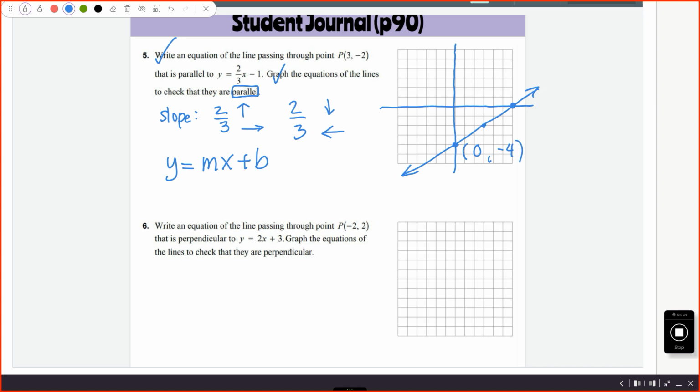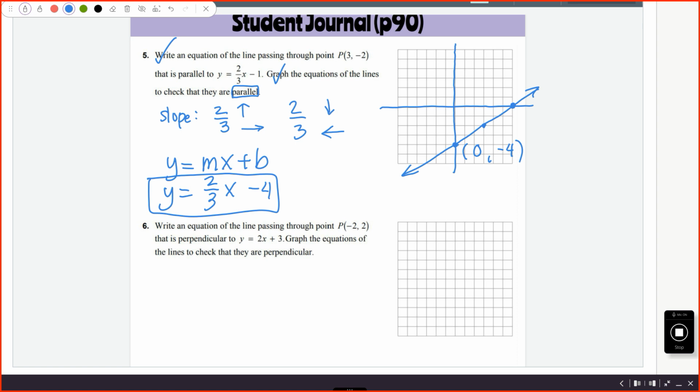That's your y-intercept. What is your m? M is slope, which is 2/3. Very good. So that's all we need. So y equals, put the slope in, 2/3, copy your x, and what is our y-intercept? Negative 4. The y-intercept is the point where your graph hits the y-axis. Okay, so that's your final answer for the equation, and this is your graph as well.